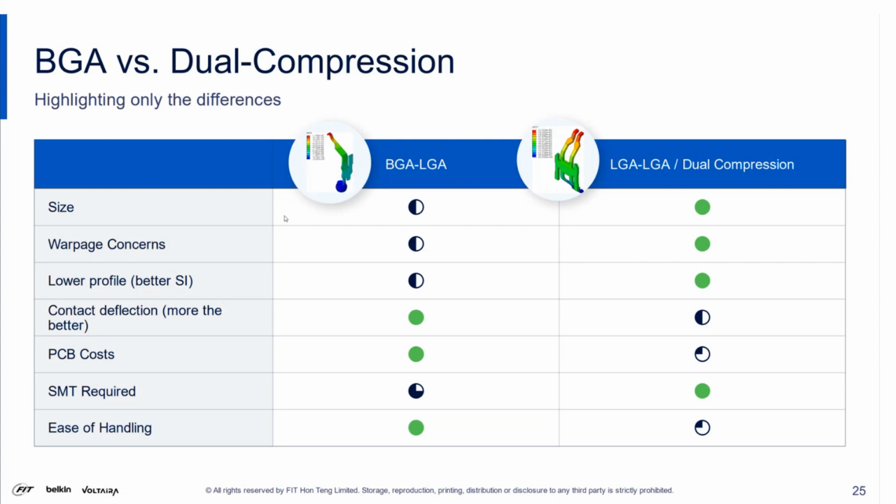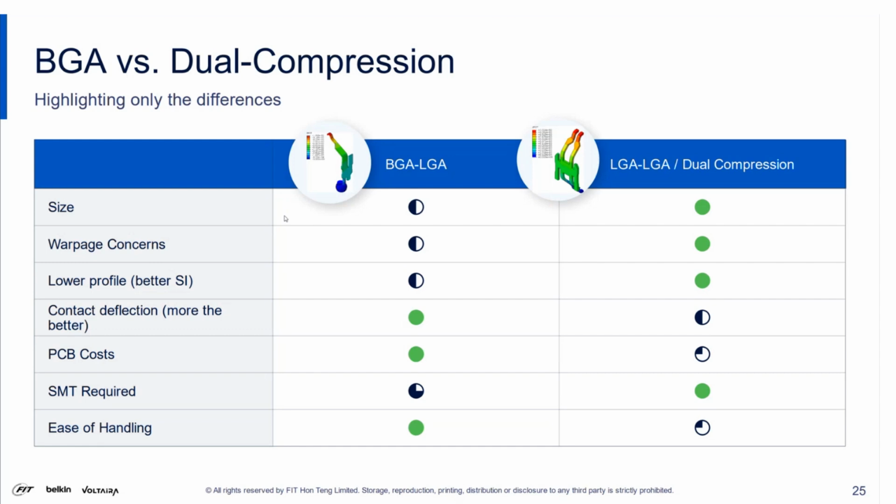PCB costs: BGA to LGA sockets have lower PCB costs just because you're not doing any gold plating. You're basically just having a pad on the PCB, which lends itself to SMT. Dual compression has a higher PCB cost because you need to gold plate the PCB to have the interface between the contact tip and the PCB.